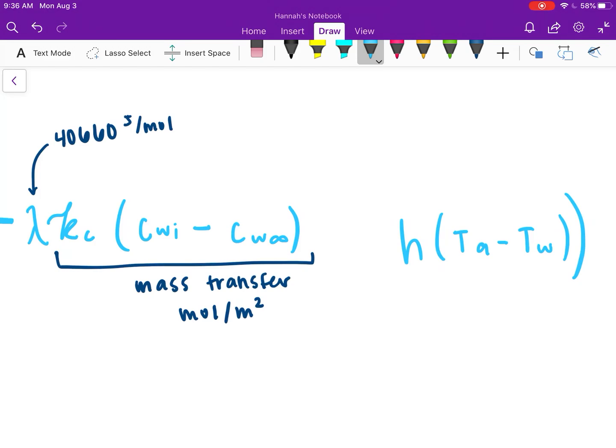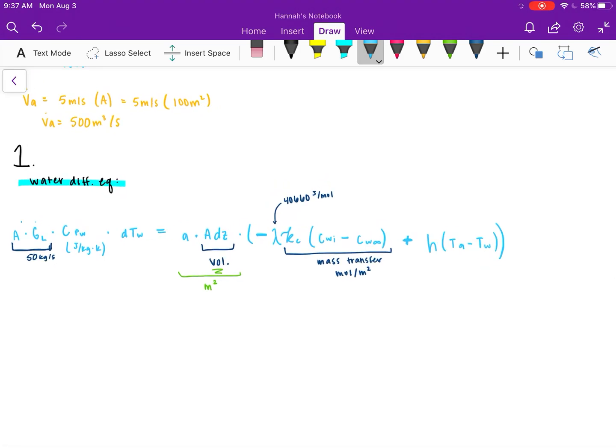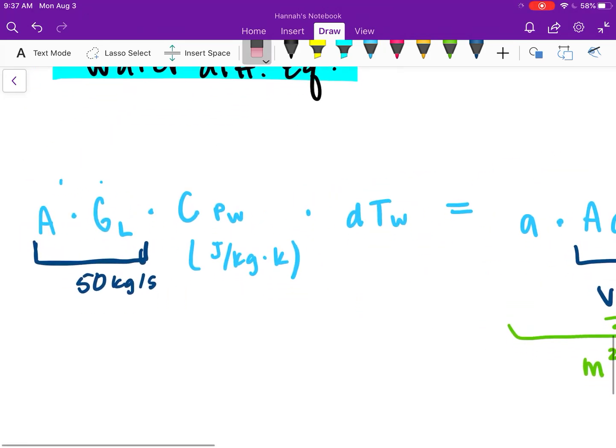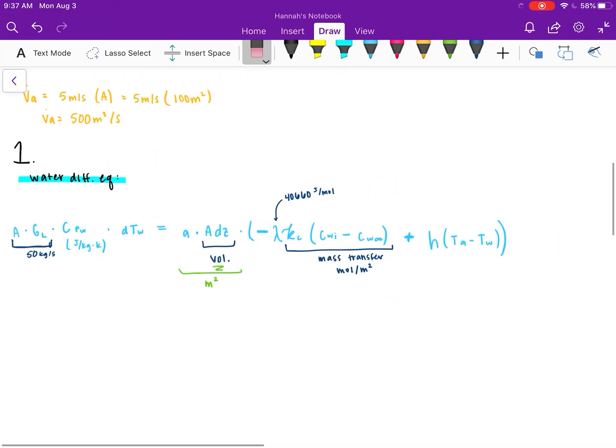And then we are going to add that to this term over here because air temperature increases. So this needs to be positive, unlike the other one, which needs to be negative. So there we have our water differential equation, which is really just an energy balance. Clean this up a little bit, get rid of some of my unnecessary marks.